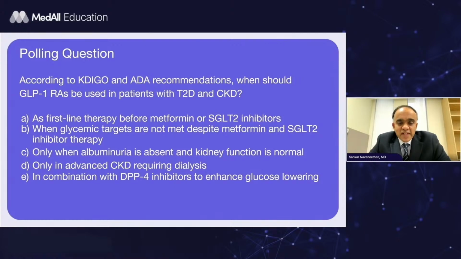B, when glycemic targets are not met despite metformin and SGLT2 inhibitor therapy. C, only when albuminuria is absent and kidney function is normal. D, only in advanced CKD requiring dialysis. Option E, in combination with DPP-4 inhibitors to enhance glucose lowering. I'll give you 10 seconds.